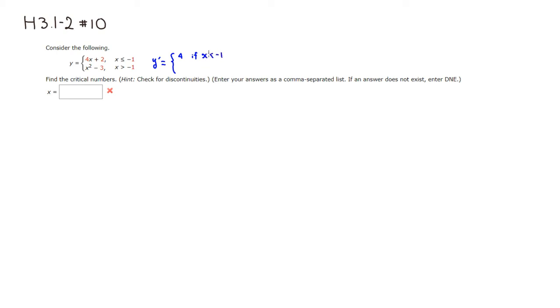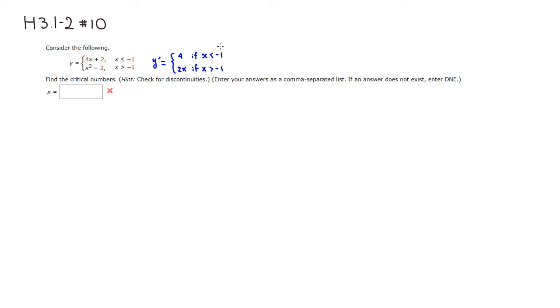The reason I did not include -1 is that the derivative might not exist, depending on what kind of piece you have on the other side, so I'll just leave it without the -1. Then the derivative of x squared minus 3 is just 2x, if x is greater than -1.